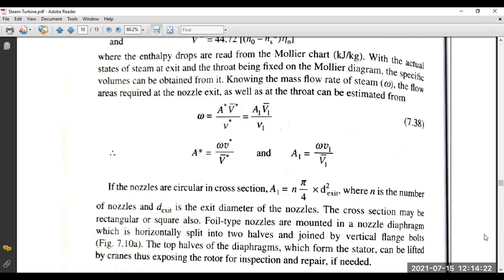The rate of flow of steam through the nozzle is given by omega, and v is the specific volume of the moving fluid.